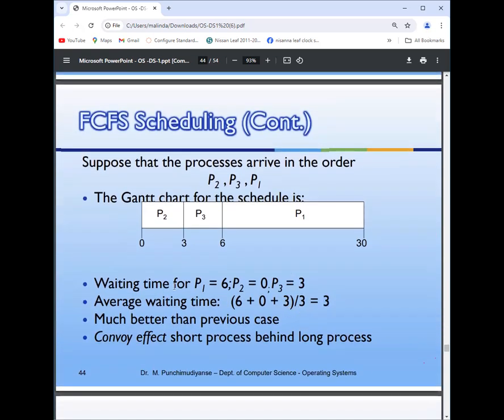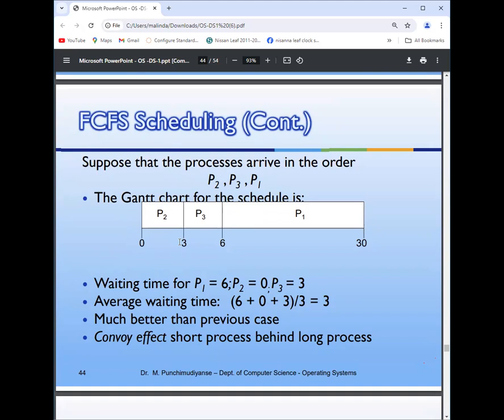So it is much better than the previous case. The only change was the arrival order. So this is a problem of first come first serve scheduling. When a long job comes first, all the shorter jobs have to wait until the long job finishes.